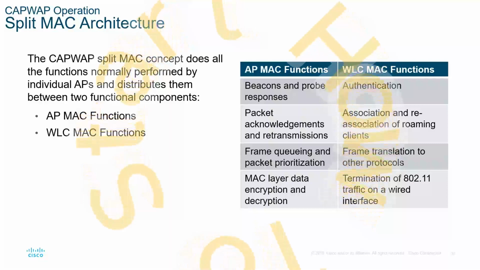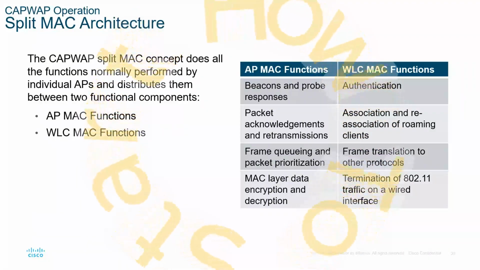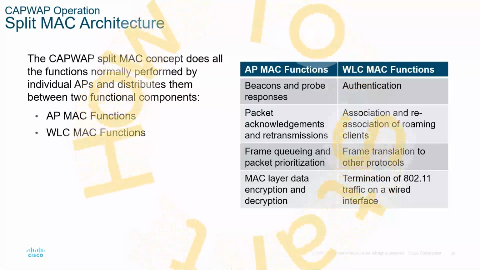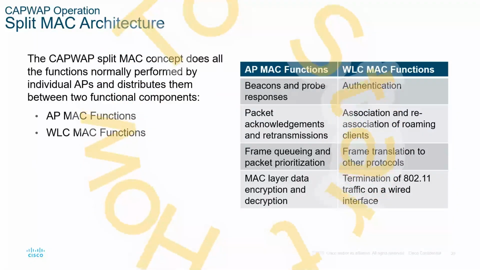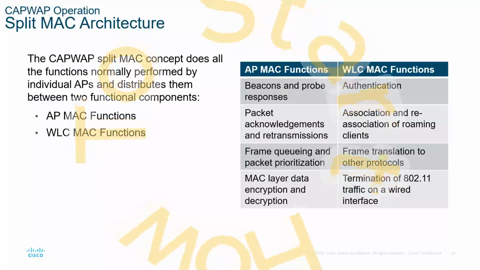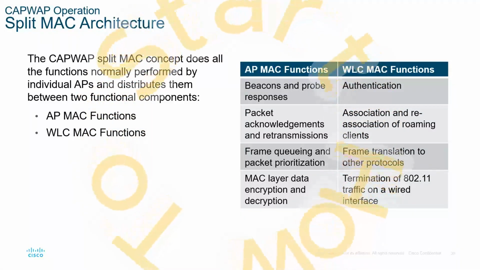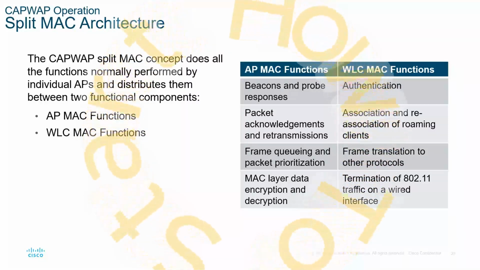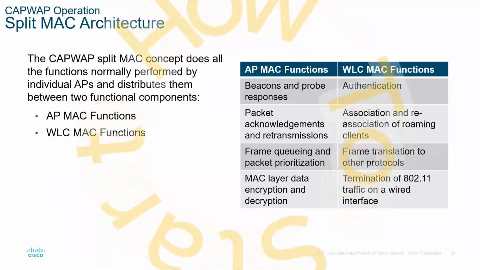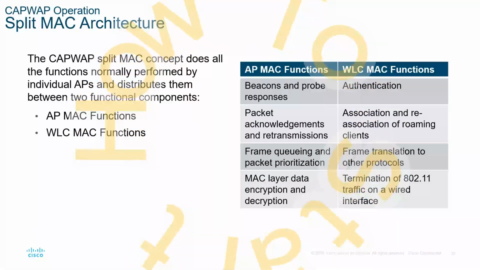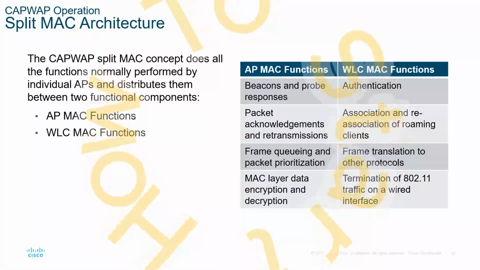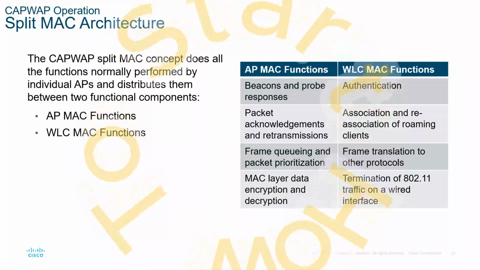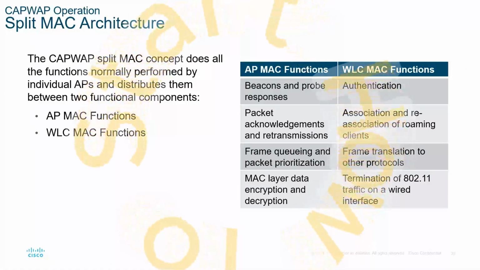Packet acknowledgements and retransmissions are on the AP side. Association and reassociation of roaming clients are on the controller side. Frame sequencing and prioritization are on the AP side. Frame translation to other protocols is on the wireless controller side. On the AP side, things like MAC layer data encryption are handled. If we were talking about termination of traffic, that's going to be on the wireless LAN controller side.